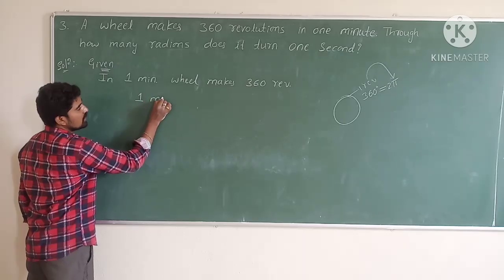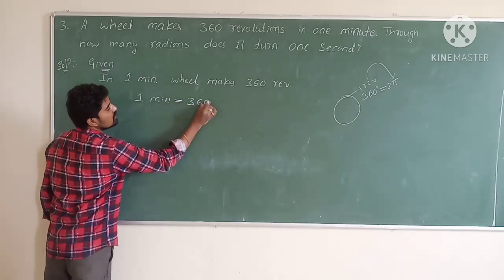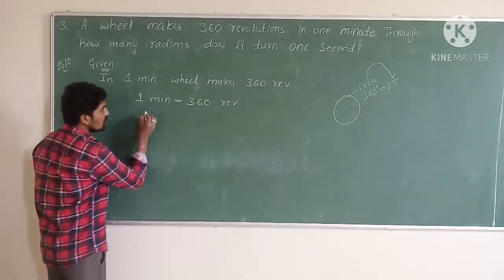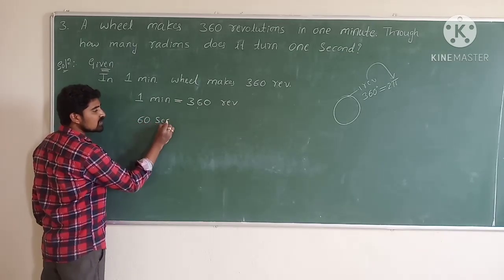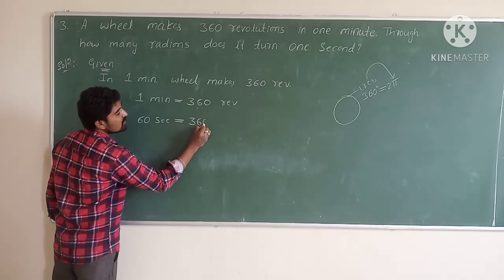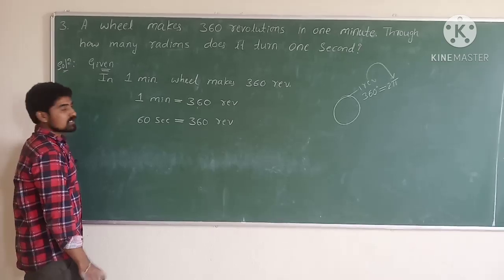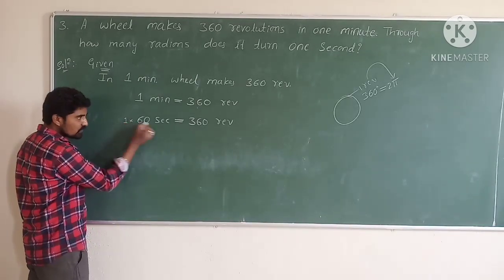Yes. 1 minute is equal to what? 360 revolutions. So 1 minute can be written as 60 seconds. So 60 seconds is equal to what? 360 revolutions. 60 seconds can be written as 1 second into 60 seconds.